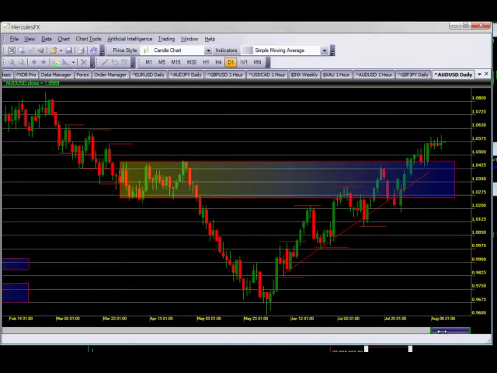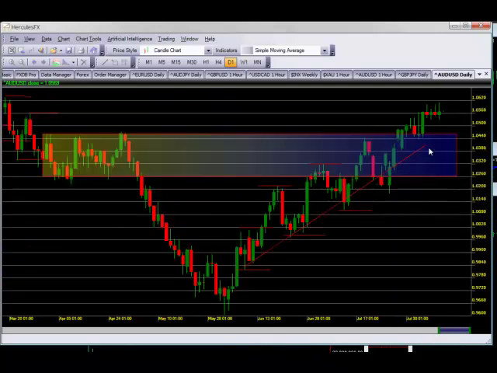Let me zoom in here on the dailies. So you can see here the last 4 days, in other words, for most of this week, price reaching up, coming back down, reaching down, coming back up, back and forth. I want to reiterate that this is usually translated as indecision, like with Japanese candlesticks. This isn't indecision.